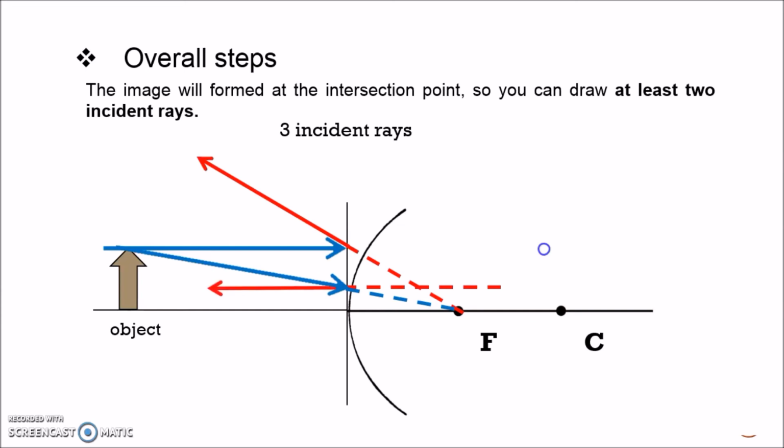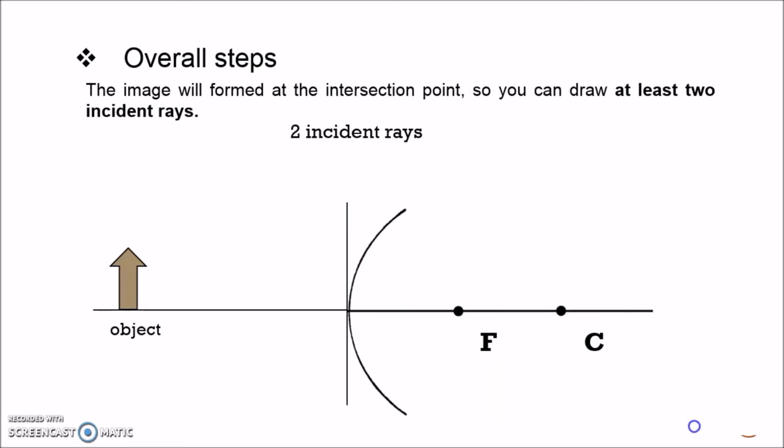Step 3, the incident ray will pass through point C and the reflected ray will pass through point C along the same path but with opposite direction. So where is the intersection between the reflected ray? We can see that the reflected ray will intersect at this position. Thus the image will form there.